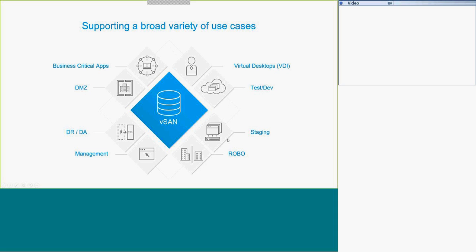You can use it in staging, in remote office, branch office, referred to as ROBO. You can use it for management, you can use it for DR, which is disaster recovery and availability, in the DMZ environment, and you can use it for business critical apps. It has been tested for the majority of business critical apps like Microsoft SQL Server, Microsoft Exchange, and others, including Oracle RAC.